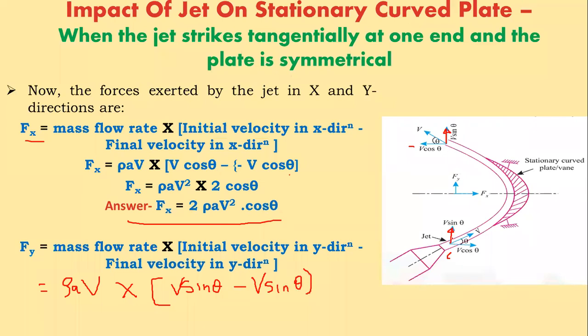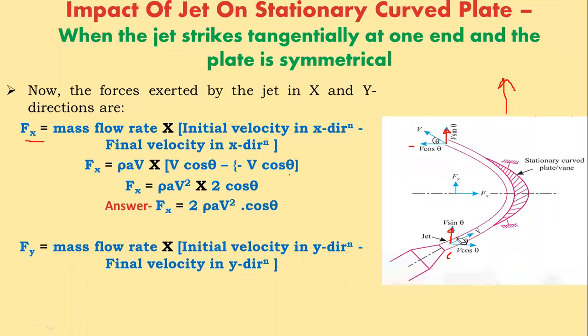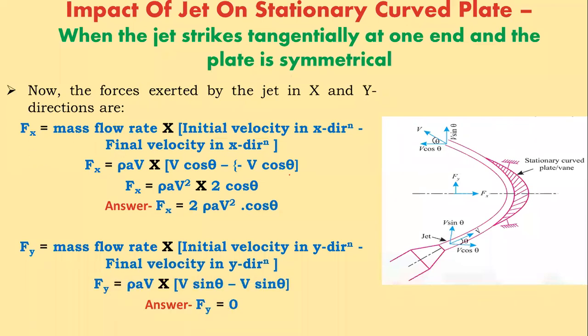At the inlet it is v sin theta and it is positive because it is acting in the positive y direction, upwards, in both cases, inlet and outlet. So it is v sin theta minus v sin theta, which is equal to 0. Understood? Yes, sir. Fy is equal to 0.